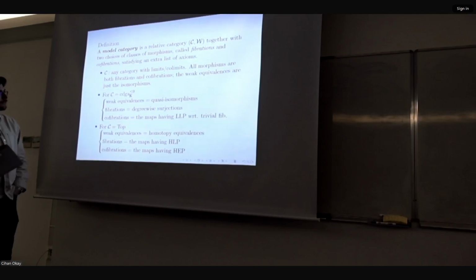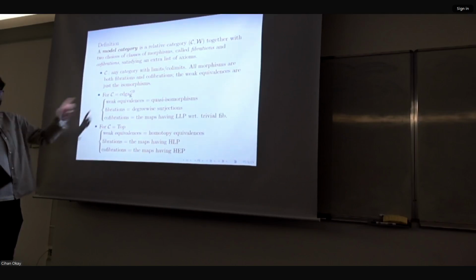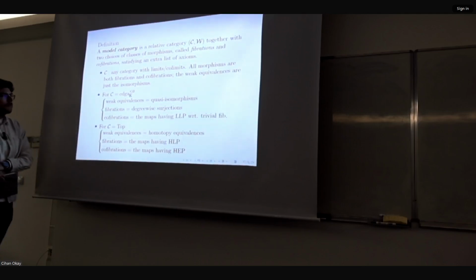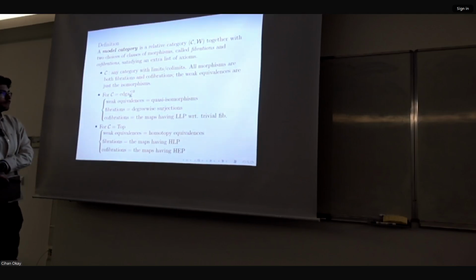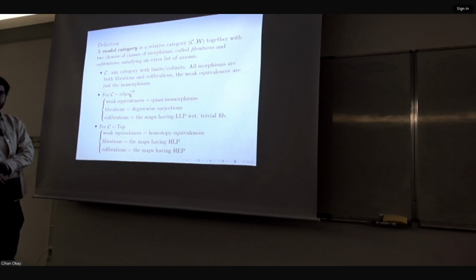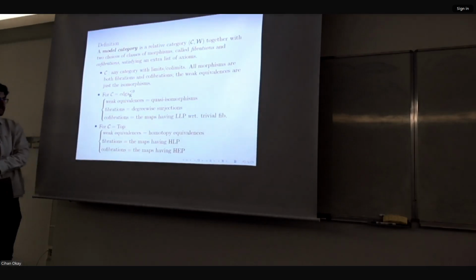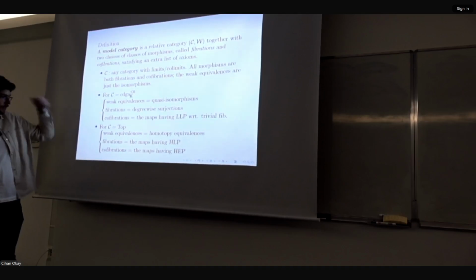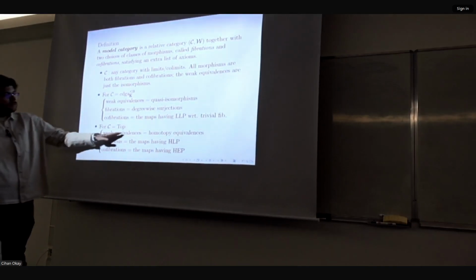Good, so this is a weak way of defining sameness. You want a weaker notion of isomorphism. And the fibrations turn out to be degree-wise surjections, and the cofibrations turn out to be maps with, whatever it is, the left lifting property, if you are familiar with these things. But it's enough to mention, let's say, these two. For topological spaces, weak equivalences.